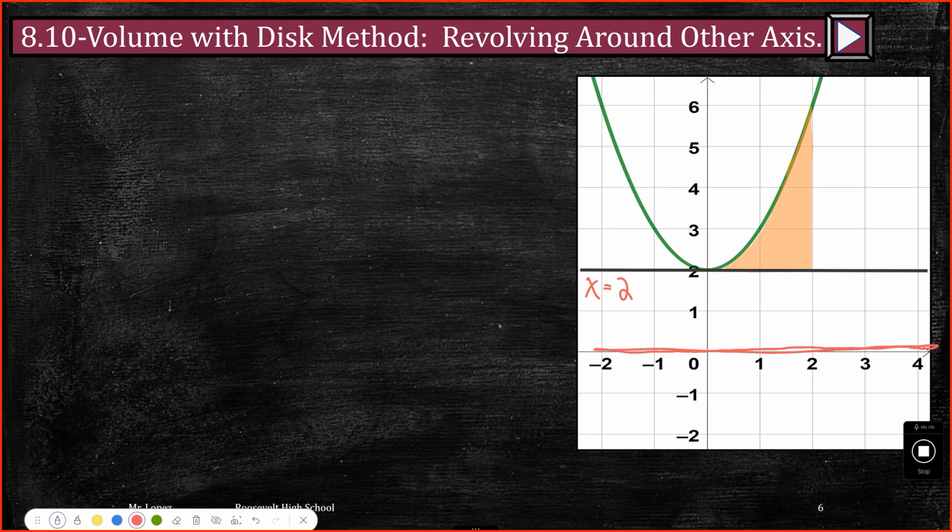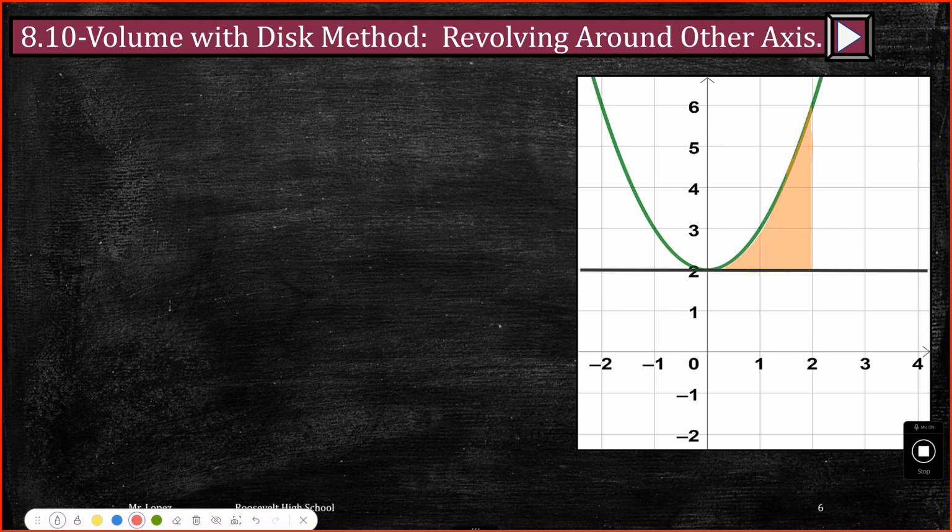So this one is going to be dx, and basically the radius now becomes the top, which is this green radius. The radius will be the top minus the bottom of these things here, whereas before it was 0. That's why you didn't care for that. But now you're going to have to do the function minus 2.